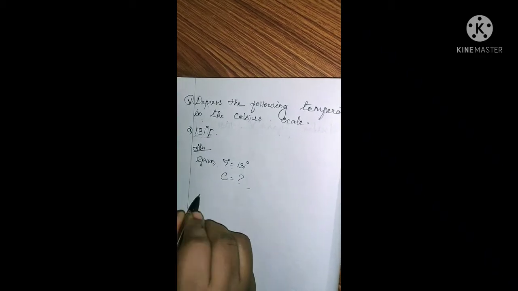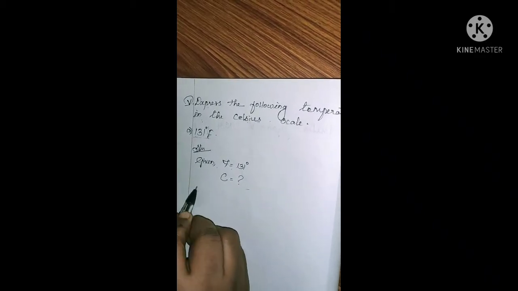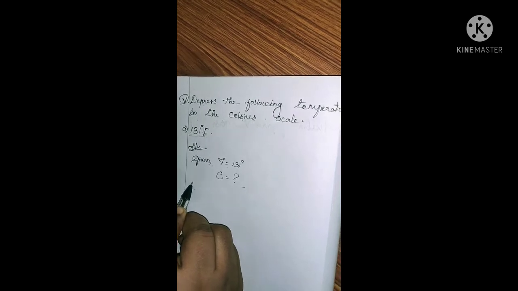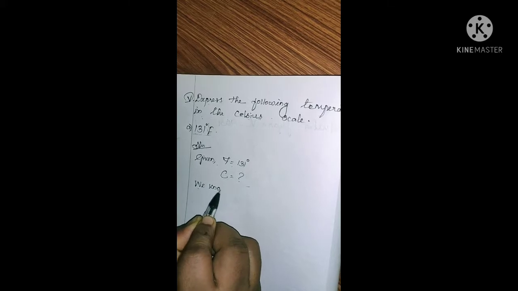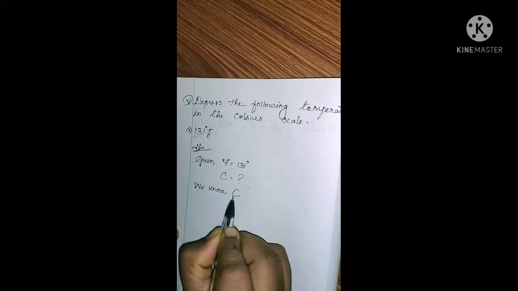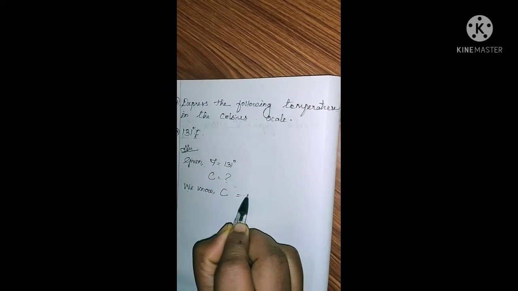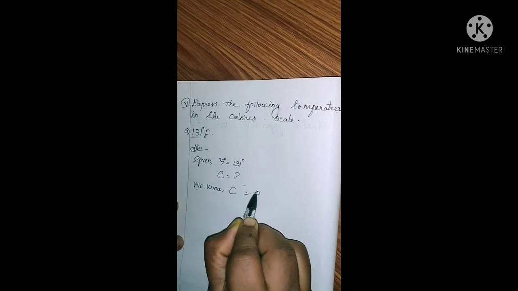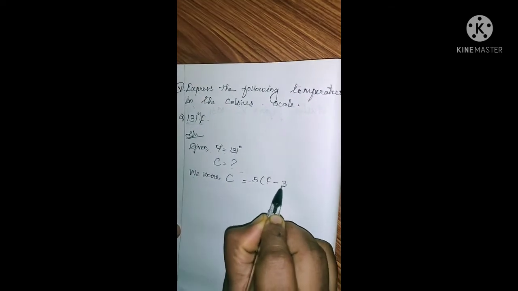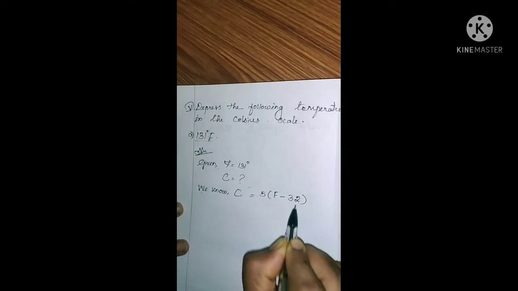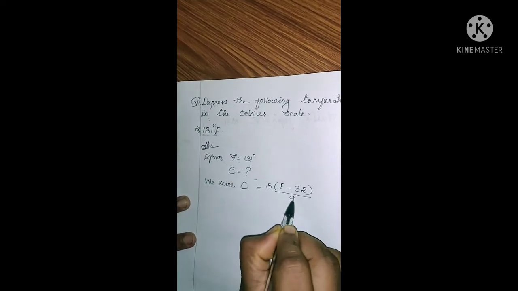If you want to find C, what's the formula? Already we have learned it. So we know C is equal to 5 into F minus 32 divided by 9.